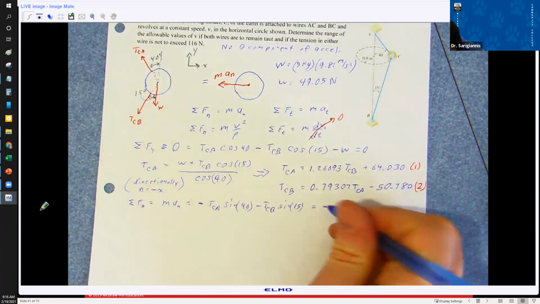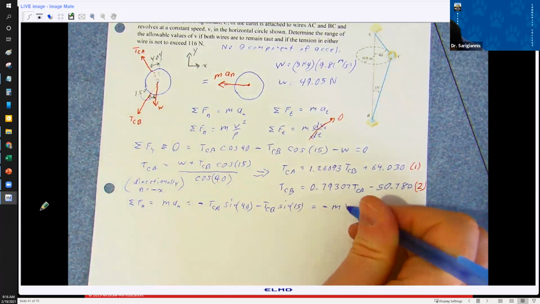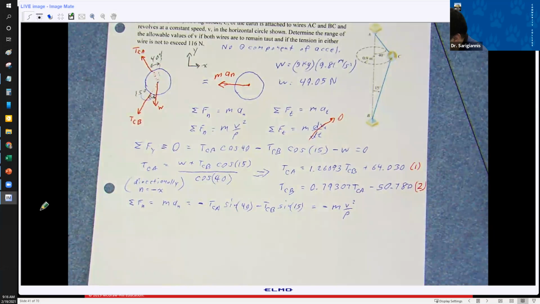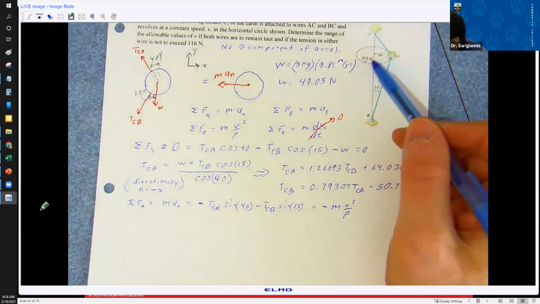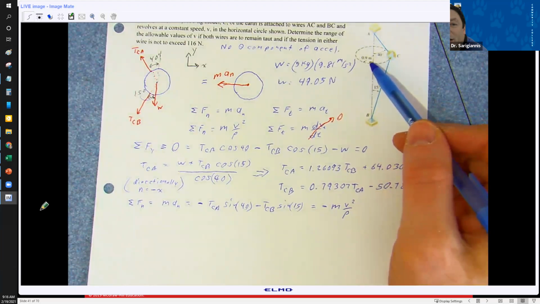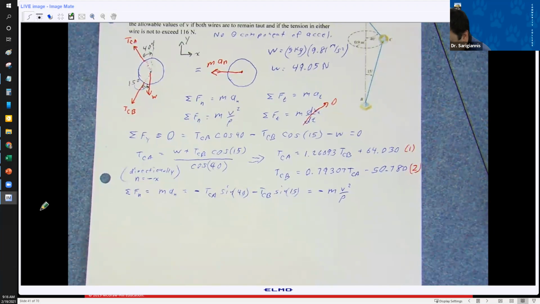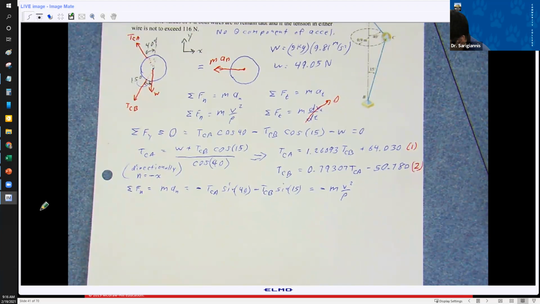So I'm just going to write in here, notice the direction of this, right? This is the negative m, and the normal acceleration is v squared over rho. And we're given information for both the radius, 0.9 meters, and v is what we want, right? We want to find v. All right, so we can rearrange this.